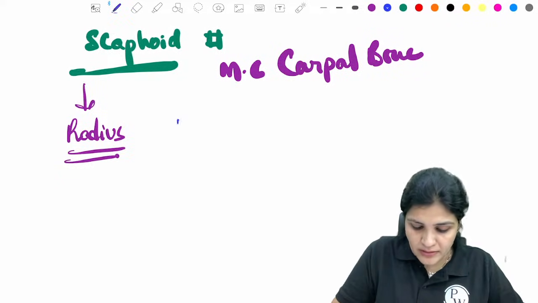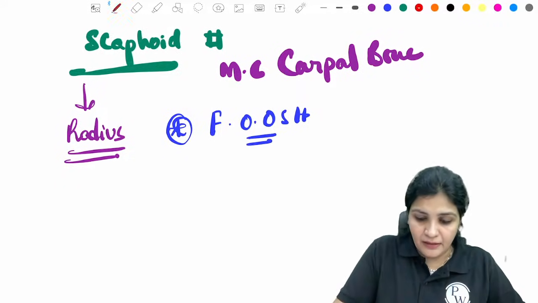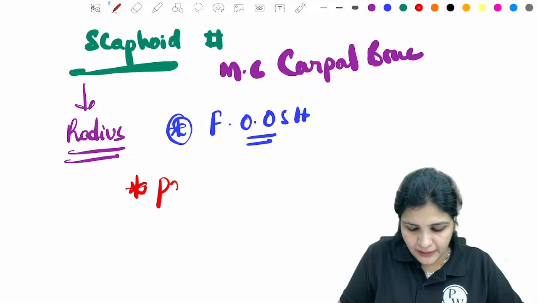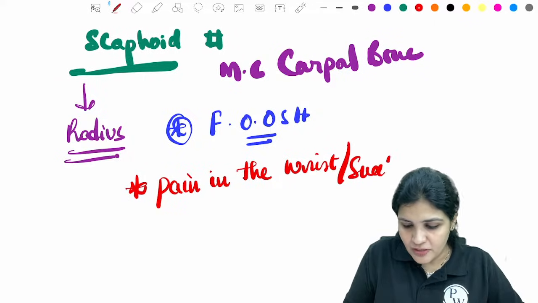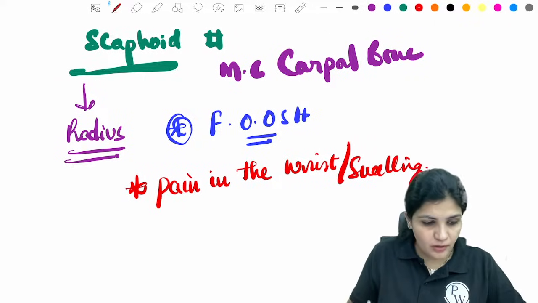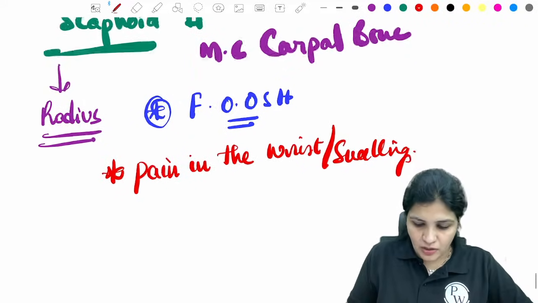The mechanism of injury is again a fall on an outstretched hand, and the patient comes with a complaint of pain in the wrist and swelling, but it is not very obvious.